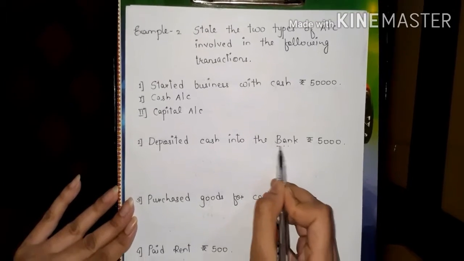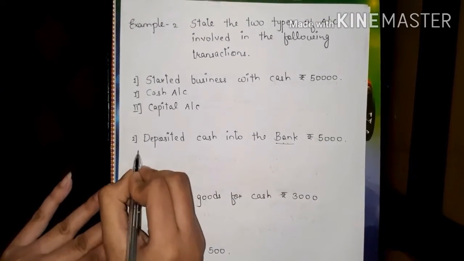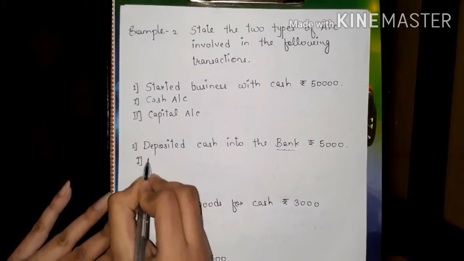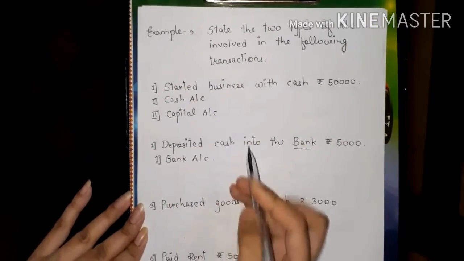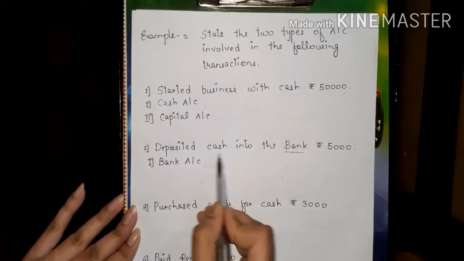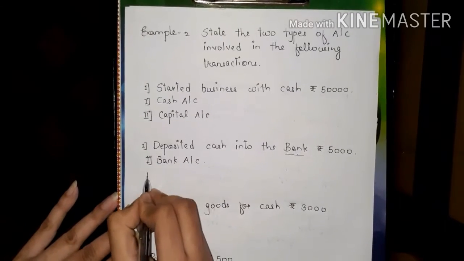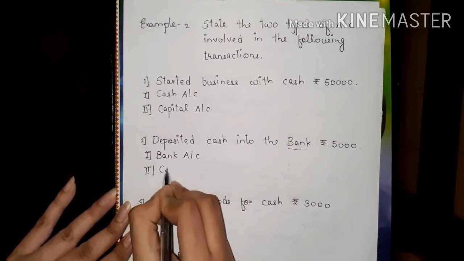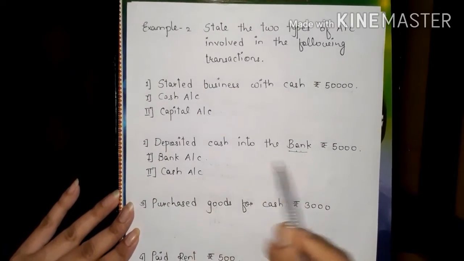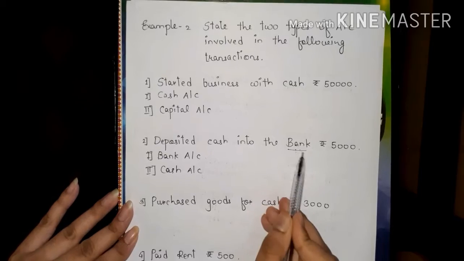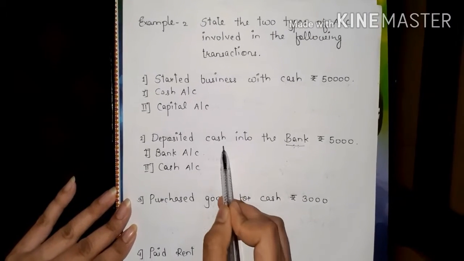So the first account will be bank account. And what we have deposited? Cash. The other account is cash account. These two accounts are involved in this transaction. We deposited cash into bank, so bank is one account and cash is the other account.